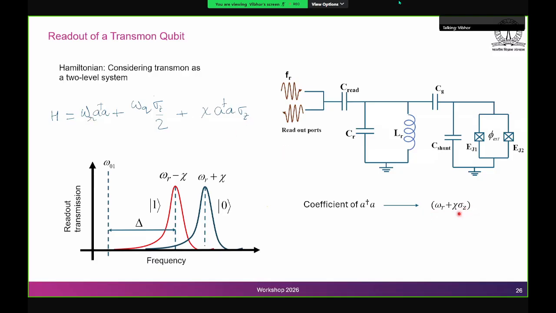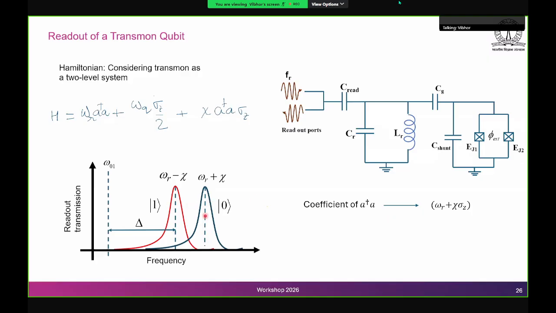So now if sigma Z is +1, for example, which may be the case when the qubit is in the ground state, we will have the resonator frequency as omega R plus chi. But if the qubit is in the excited state, where sigma Z has a value of -1, the resonator frequency will be omega R minus chi. So resonator frequency here means the coefficient of A dagger A.